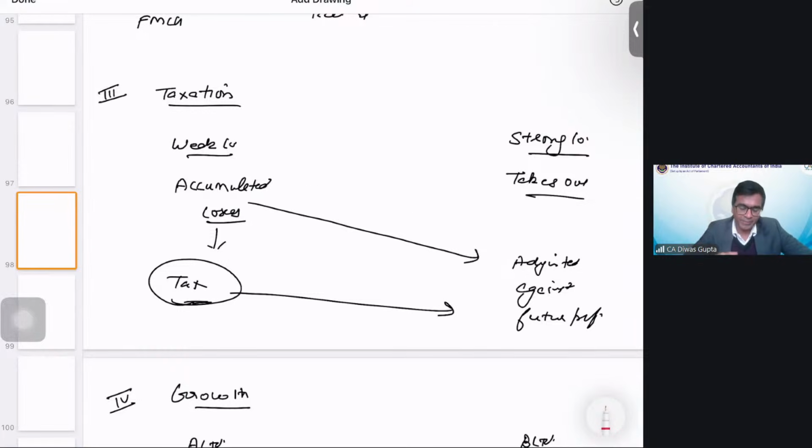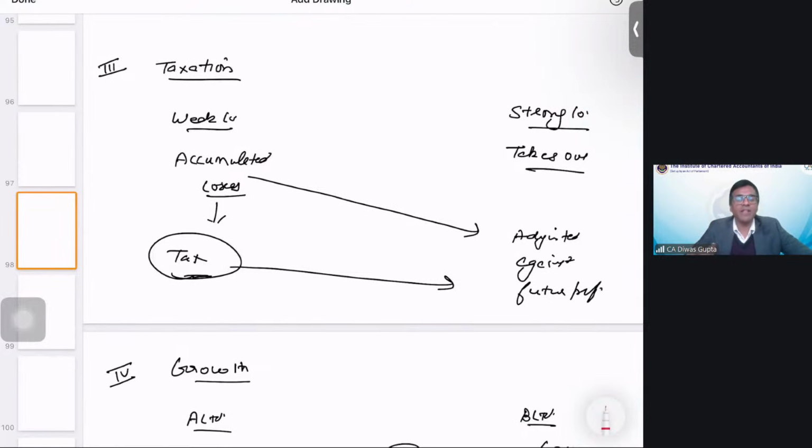Now coming to taxation. Taxation is a very, very important piece because as per Indian laws, you are allowed to set off the accumulated losses and the unabsorbed depreciation, right, up to a certain period, and that will help you to adjust for any future taxable liabilities that might arise.